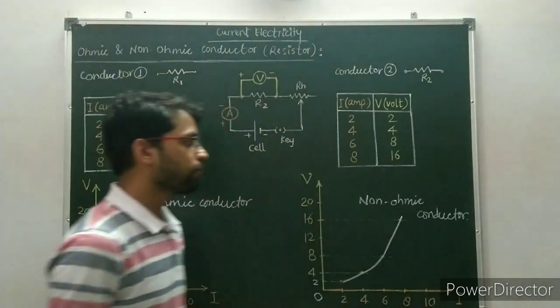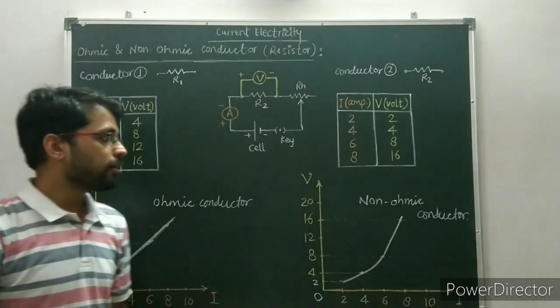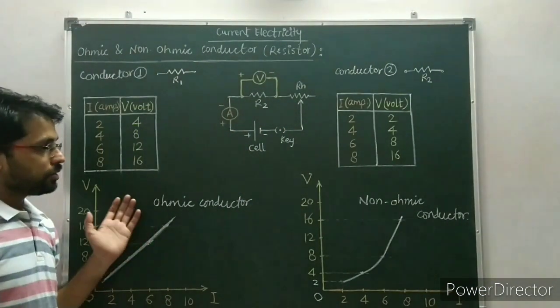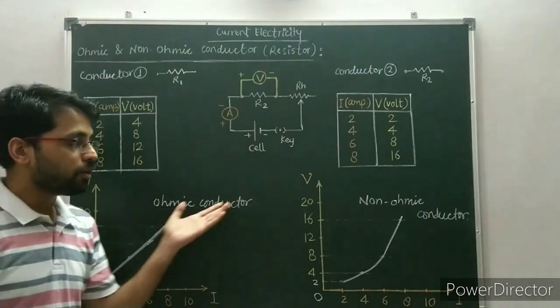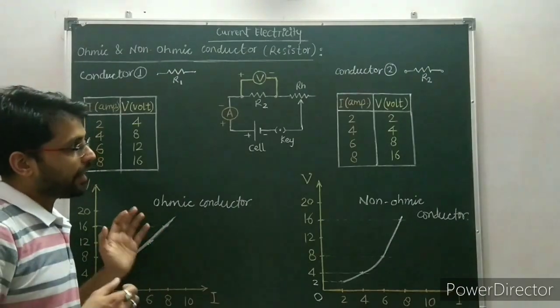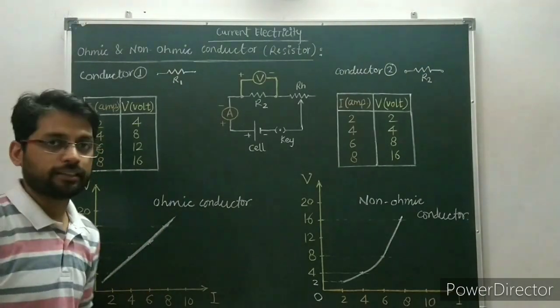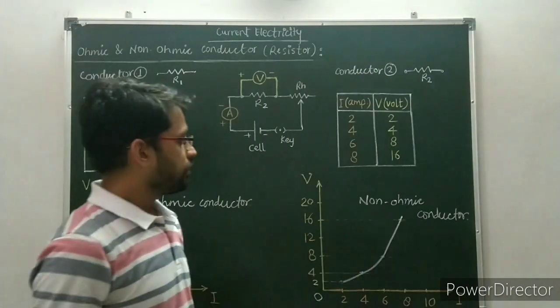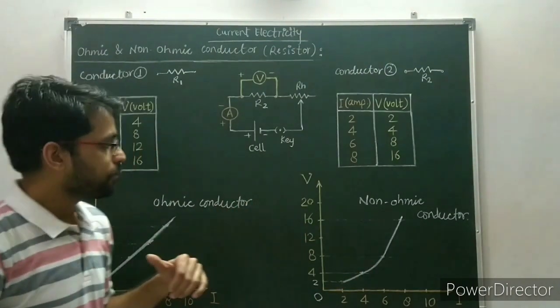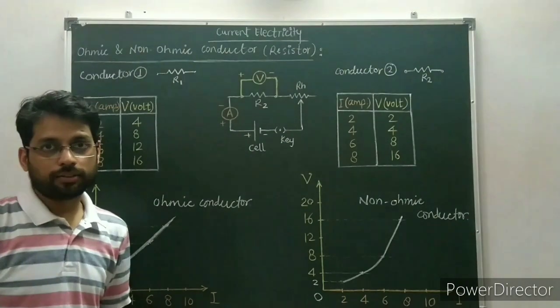So this is the way to check whether a conductor is ohmic or not. We can graphically check whether a given conductor is ohmic or not.